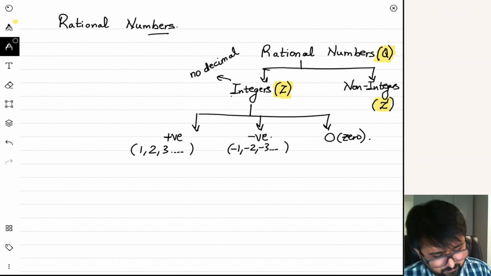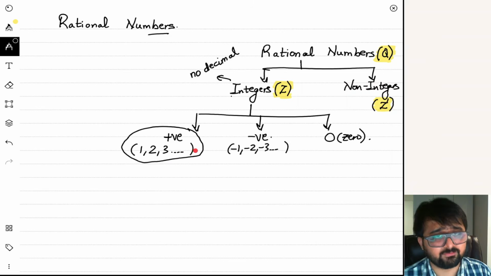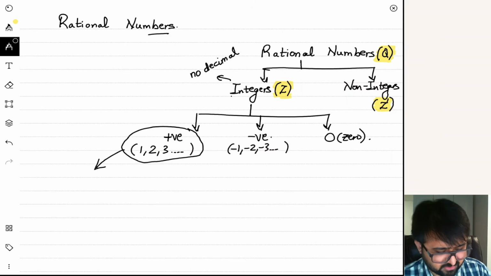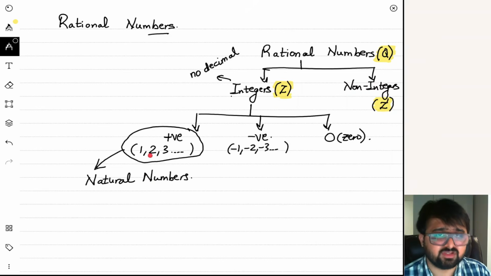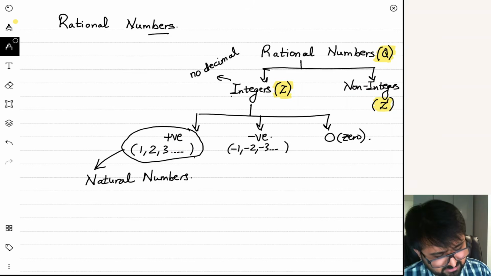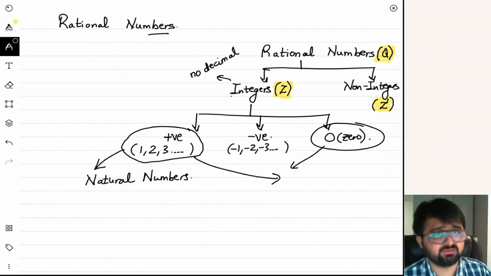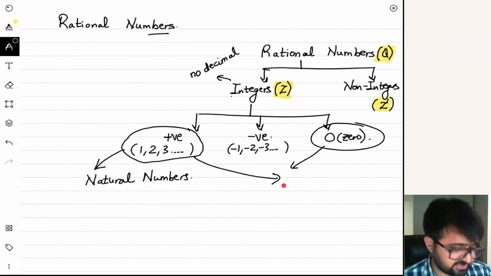Now positive integers, the numbers 1, 2, 3, 4, 5, and so on, are also called natural numbers. And if you combine the natural numbers and the number 0, there is another category that comes up, which is whole numbers.